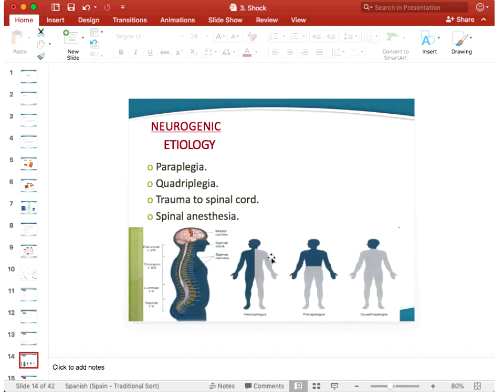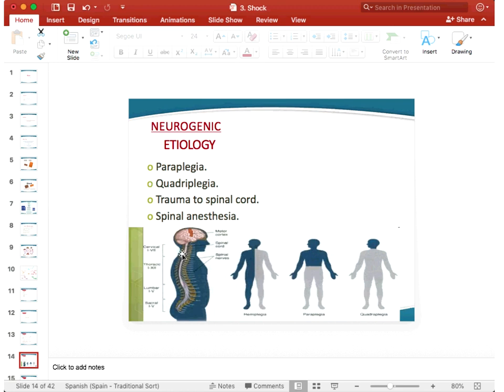So as I told you before, the neurogenic shock has to be a spine transected acutely. So aside from the fact that the patient is not going to be able to walk from the point that the spine has been transected down below, there's another condition that is very serious.